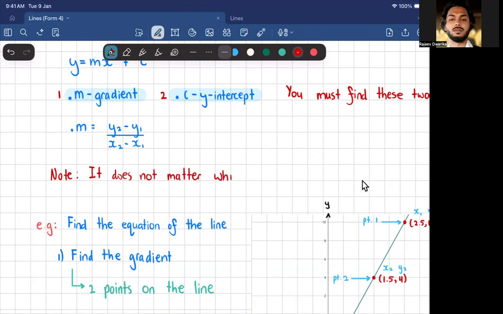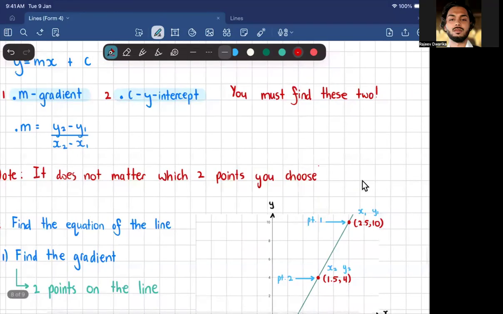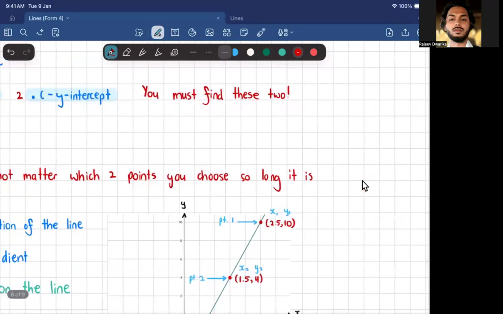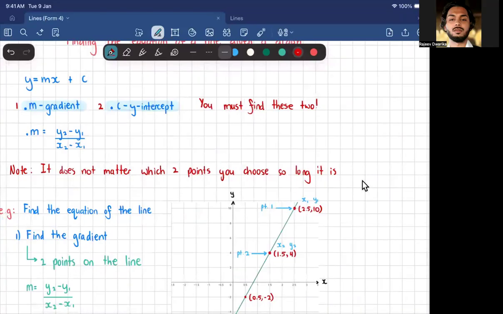It does not matter which 2 points you choose, so long as it is, wait, I think you can finish my sentence. I'm saying it does not matter which 2 points you choose, once it is on the line.